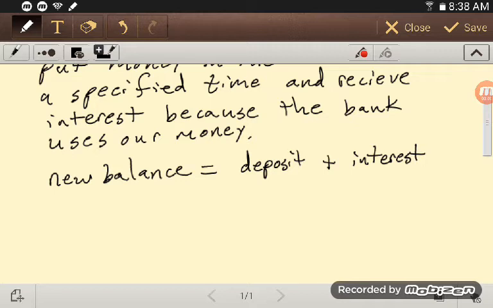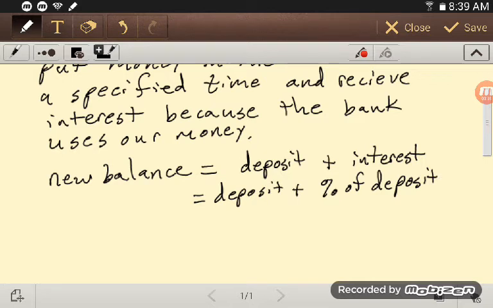Well, that is very similar to what we did with sales tax, in that we had a purchase price, remember, plus tax. Well, and the reason this is a lot like sales tax is that interest is based on the deposit. And so you see, this is our deposit plus some percentage of our deposit. And so if you look back at sales tax, that is exactly the same idea.